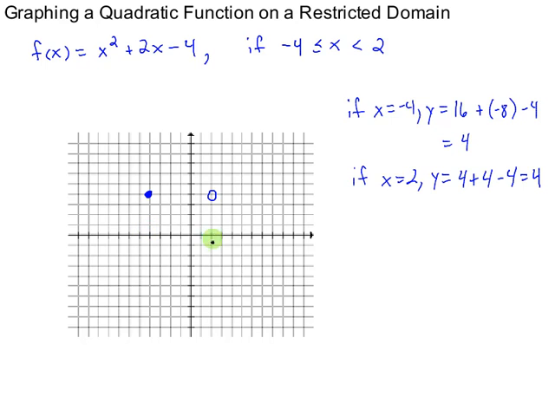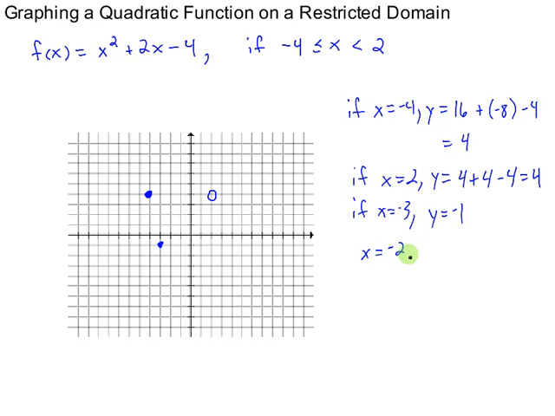Now let's fill in between. I don't know, we could just use all the integers here, like -3, -2, -1, 0, and 1. So if x is -3, we get 9 minus 6, that's 3. 3 minus 4 is -1. So if x is -3, y is -1.